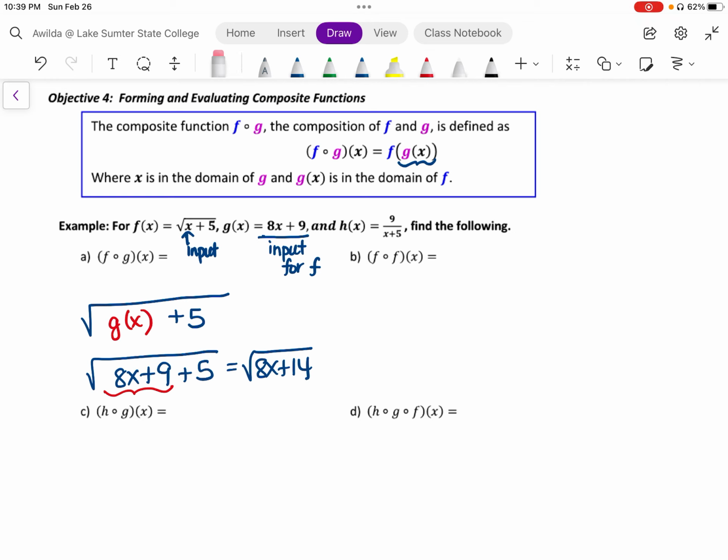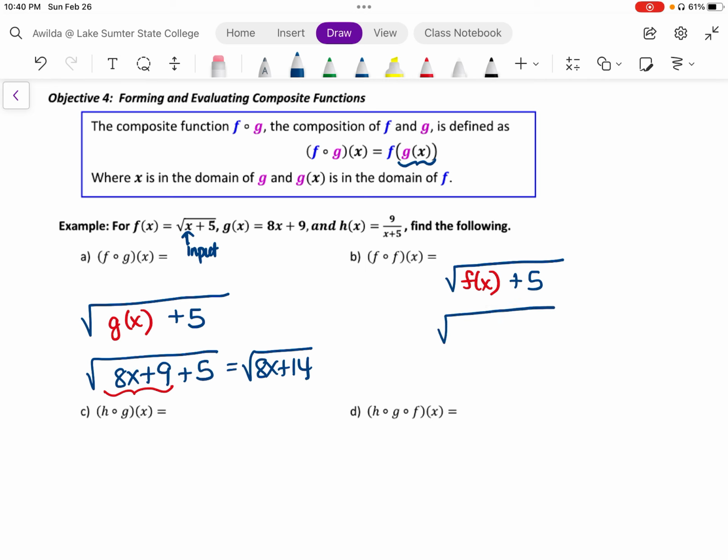All right, now we are going to compose the function f with itself. So the rule for f is that we take the square root of the input plus 5. But now the input is the entire f of x function itself.